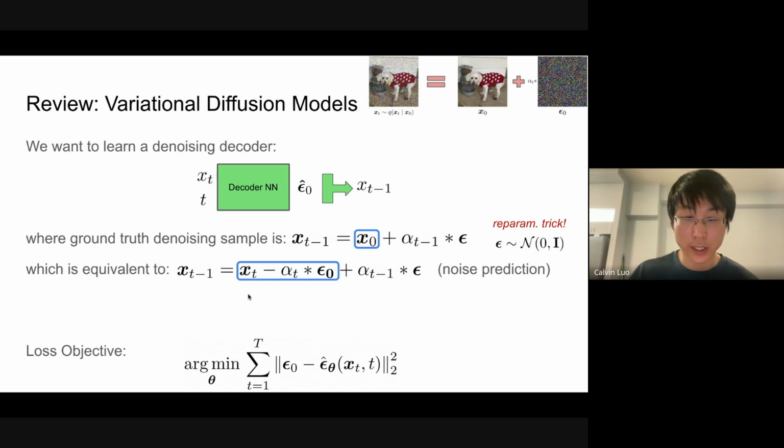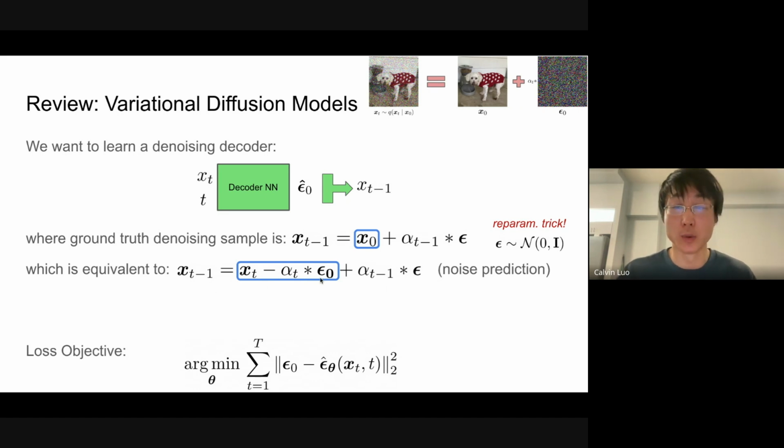But really, when you look at each term, you're predicting xt minus 1 from xt, but you know xt, you know alpha t minus 1, and epsilon in this case is a new random sample that's used to generate xt minus 1.